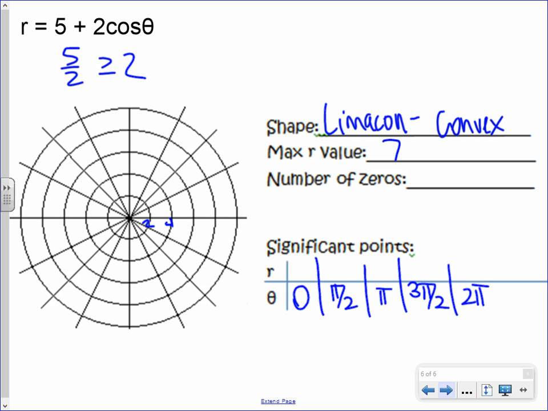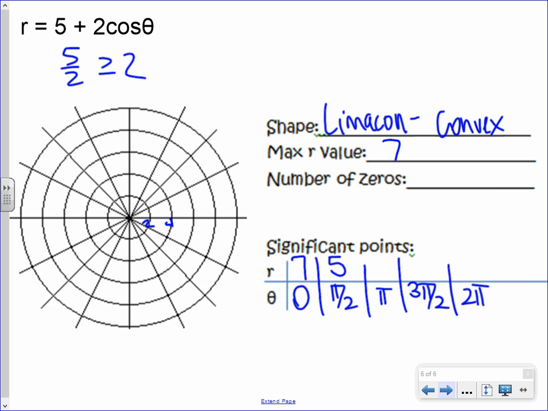Okay, let's do these together. All right? Hopefully it's ingrained in your brain, the sines and cosines of all of these quadrantal angles here. The cosine of 0 is 1. So we have 5 plus 2 times 1. The cosine of pi over 2 is 0. So we have 5 plus 2 times 0. The cosine of pi is -1.